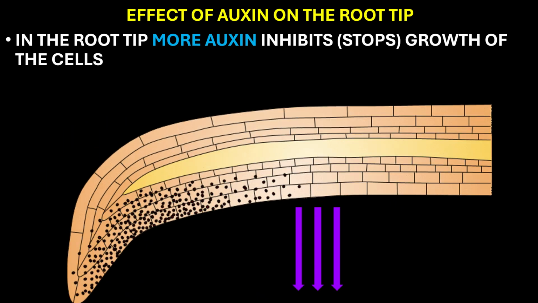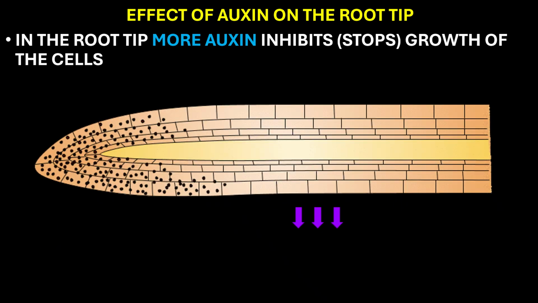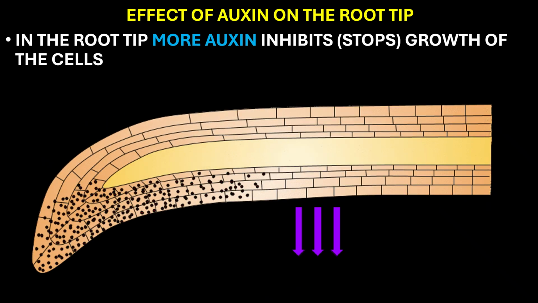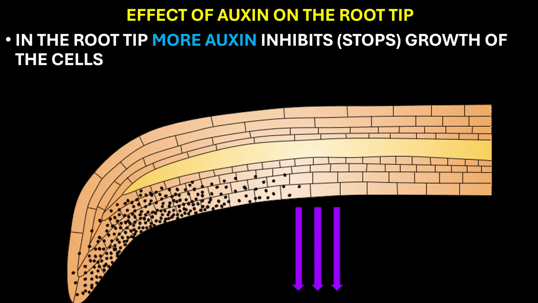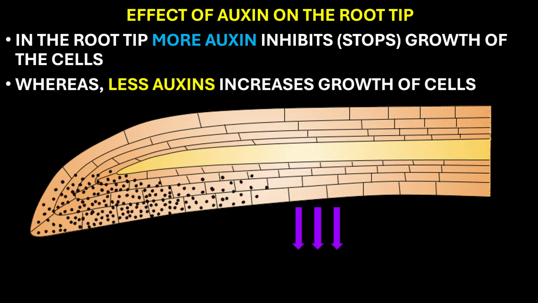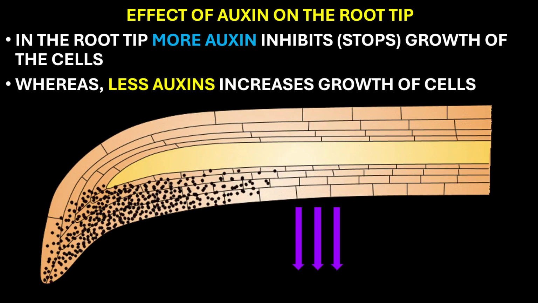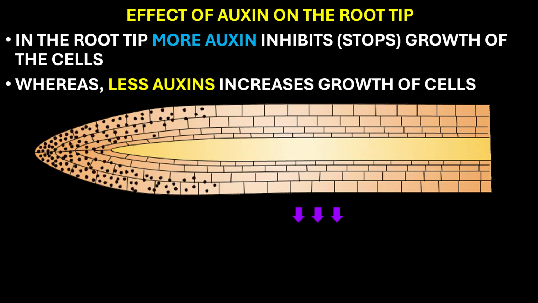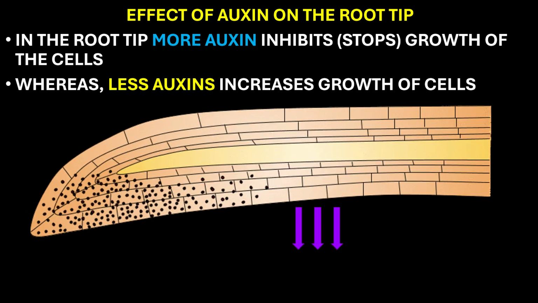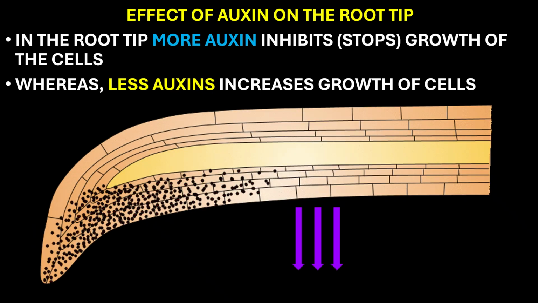So in the root tip, take note of the principle. In the root tip, more auxin inhibits growth of cells. That is when you are dealing with the root. But in the stem, more auxins promote growth. So that's the two differences. But then, still in the root, less auxin, what does it do? It increases growth of cells.